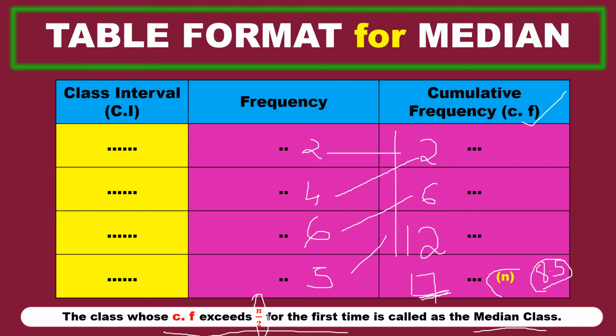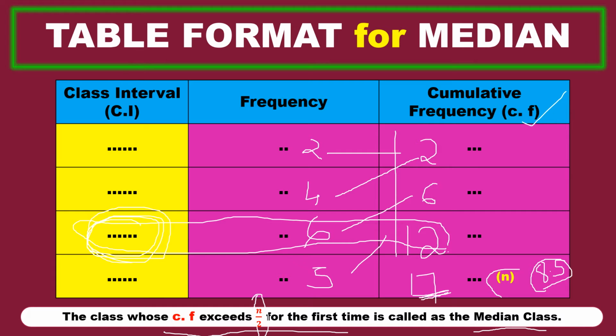Here we have 12 and here we have 17. Both are greater than 8.5, but whichever comes first is your median class. Here 12 is the first value greater than 8.5. So this class is called the median class.